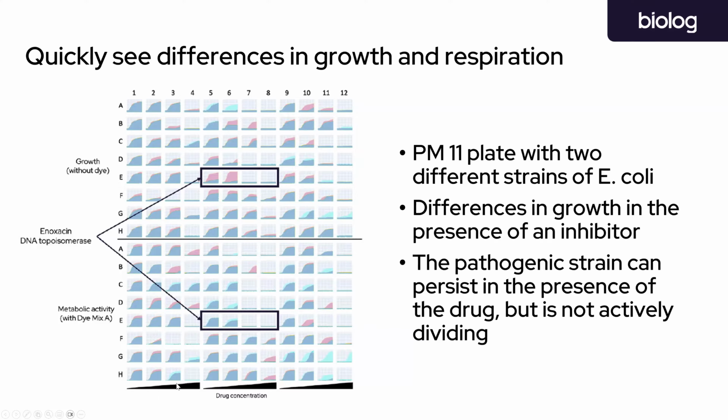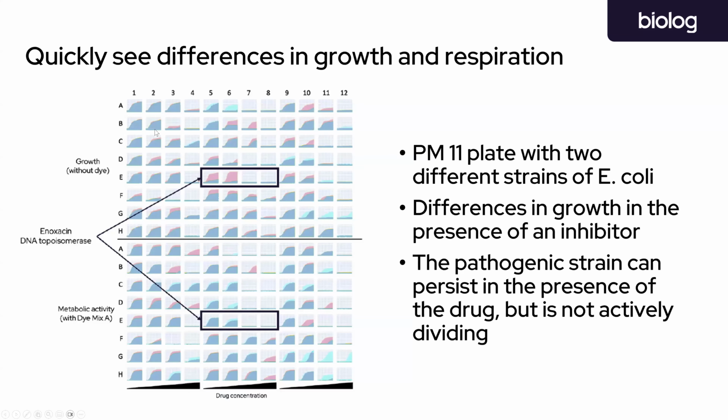On the bottom, maybe you can see these triangles that represent the series of increasing amounts of drug. If you quickly glance at the data, you can see some compounds where both strains are essentially the same on all concentrations of a given drug. But you can also see some differences where maybe the difference becomes apparent at a particular concentration.